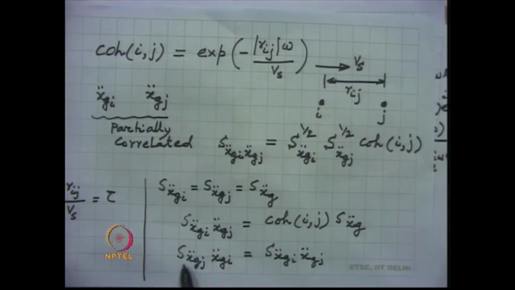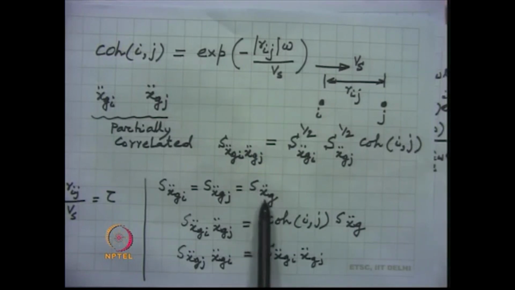Note that the cross power spectral density function between j and i is equal to the cross power spectral density function between i and j. This happens in this case because S x double dot g is a real quantity.